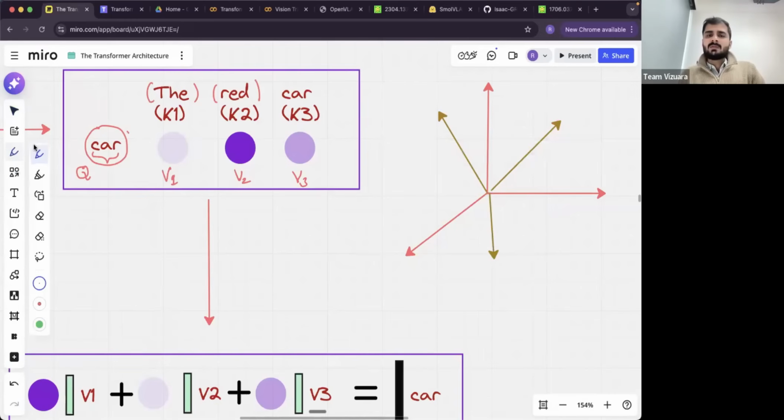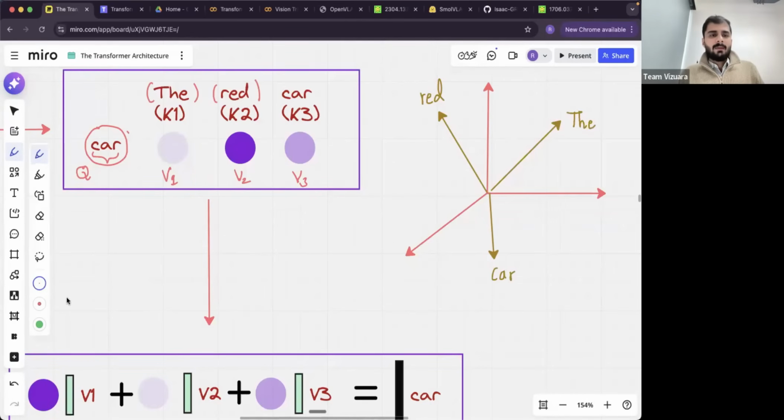Now these vectors correspond not to the tokens coming from the decoder but to those coming from the encoder. So this is red and car. And all these value vectors are coming from the encoder side.